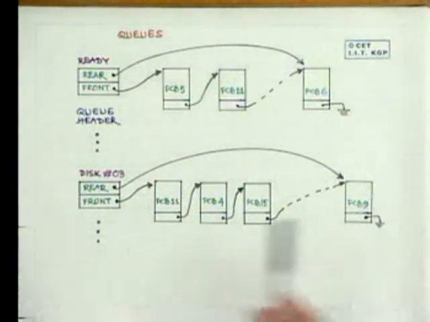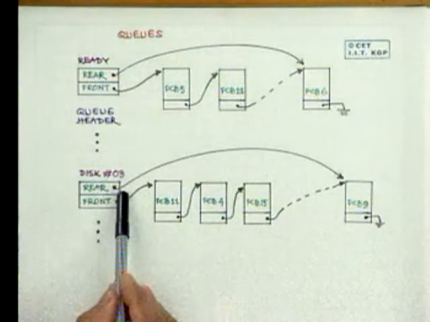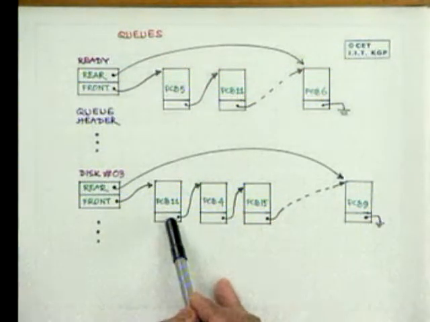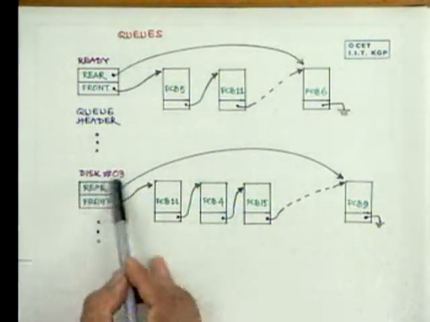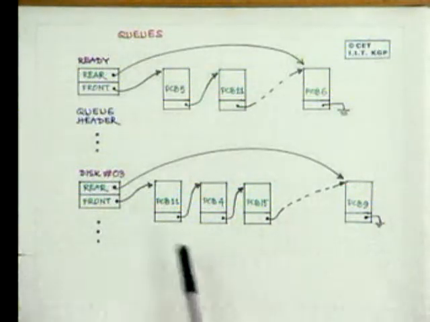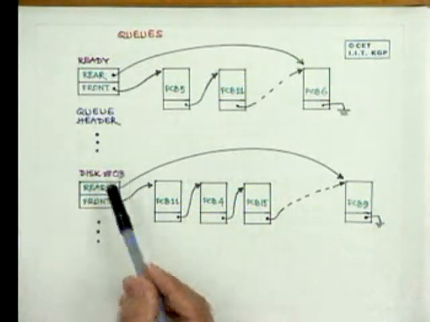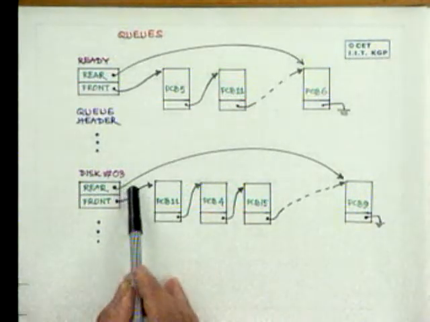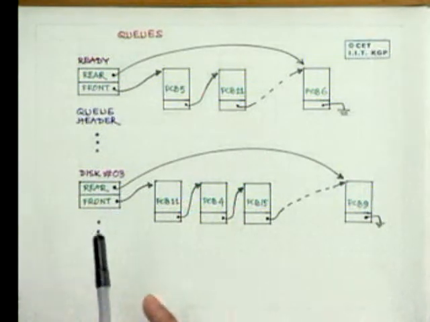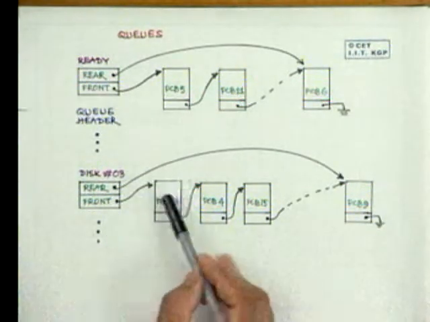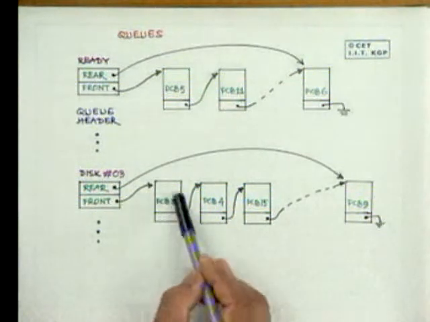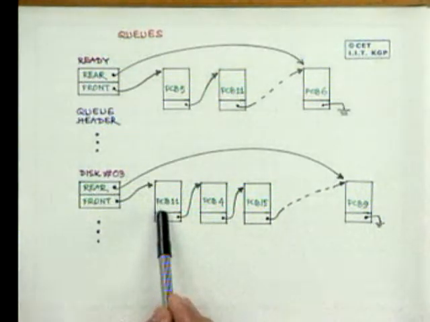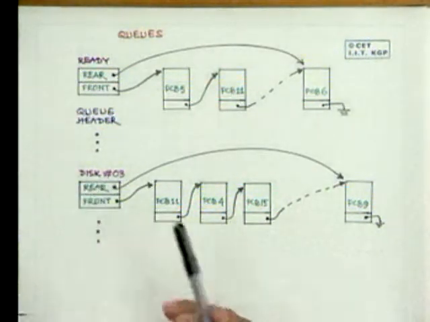And this is a queue header for the linked list of all the processes that are waiting for disk 3. Now, one of the processes is naturally getting service from disk 3 and others have to wait. Once that service is over, that particular PCB, maybe PCB 11, will be taken out and sent into the ready queue.